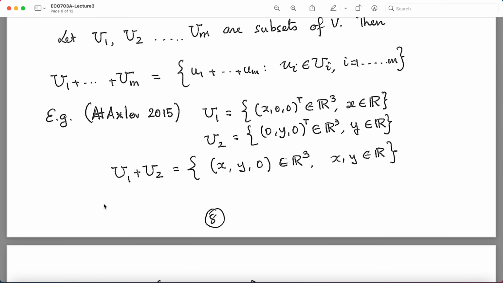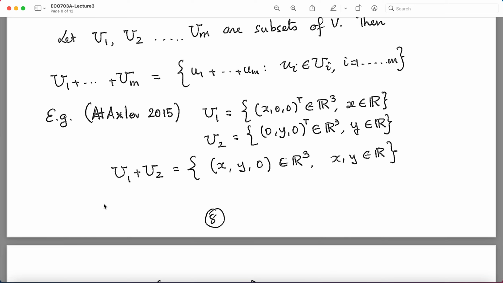Now, if you sum them up, what will you get? When you sum v plus w, you get v1 plus v2 plus w1 plus w2 again.